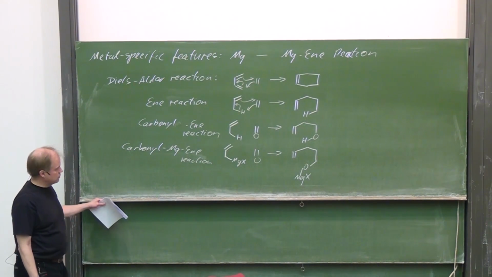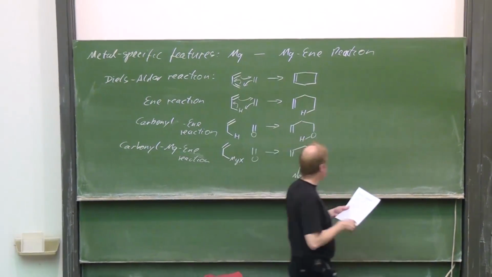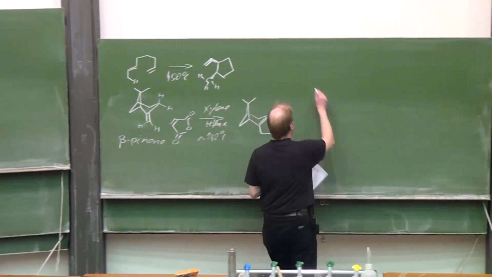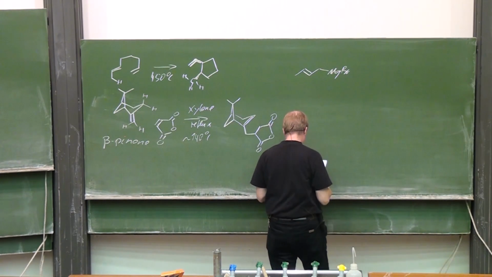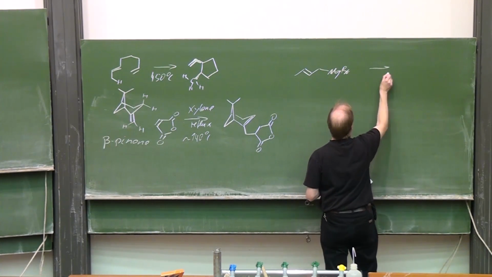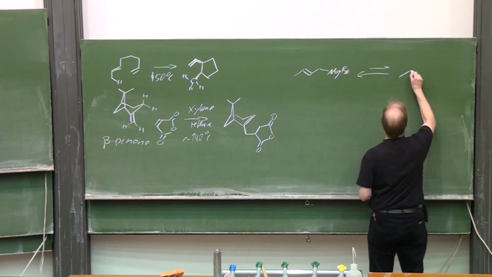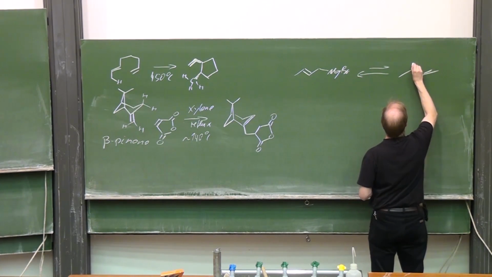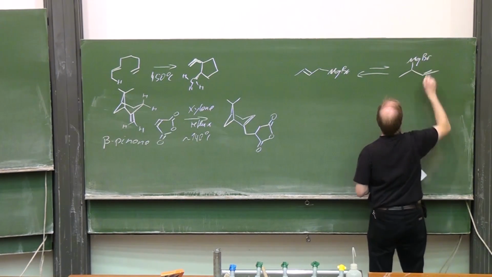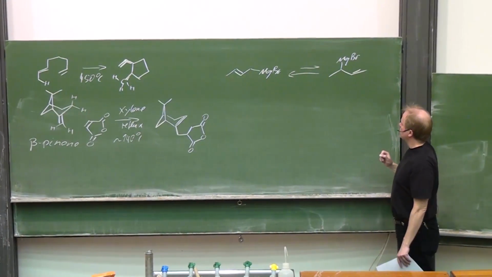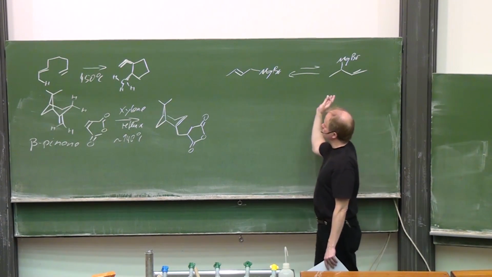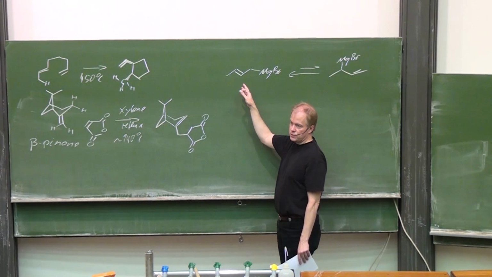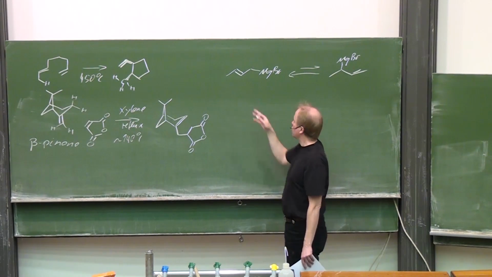transition state. So, well, if you have an allyl magnesium compound, then there is an equilibrium between those allylic structures, and the equilibrium is by far on the side of the less sterically hindered allyl magnesium compound.